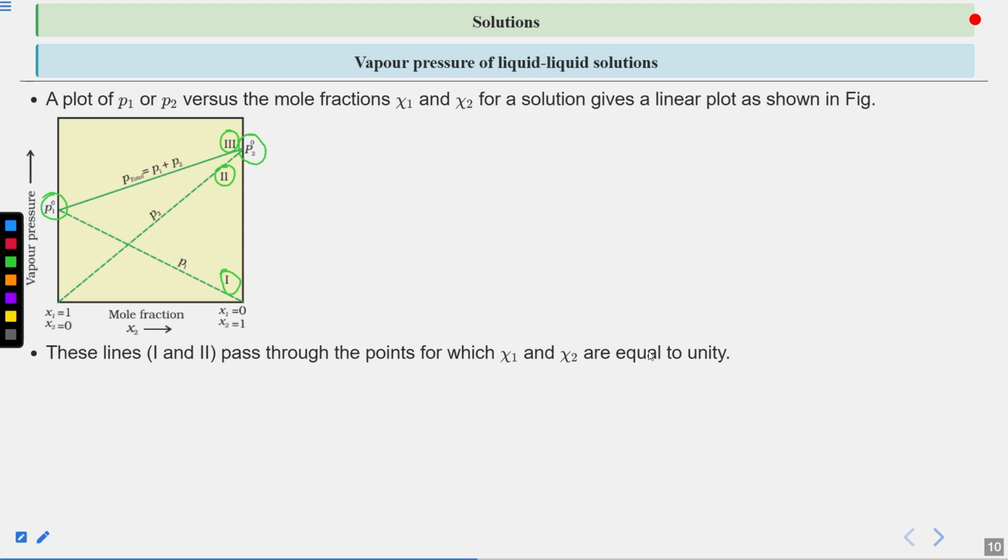So this thing is clear, I guess. The same line is written here. These lines pass through the point for which chi1 and chi2 are equal to unity. So this is unity on the left hand side for 1 and unity on the right hand side for 2.